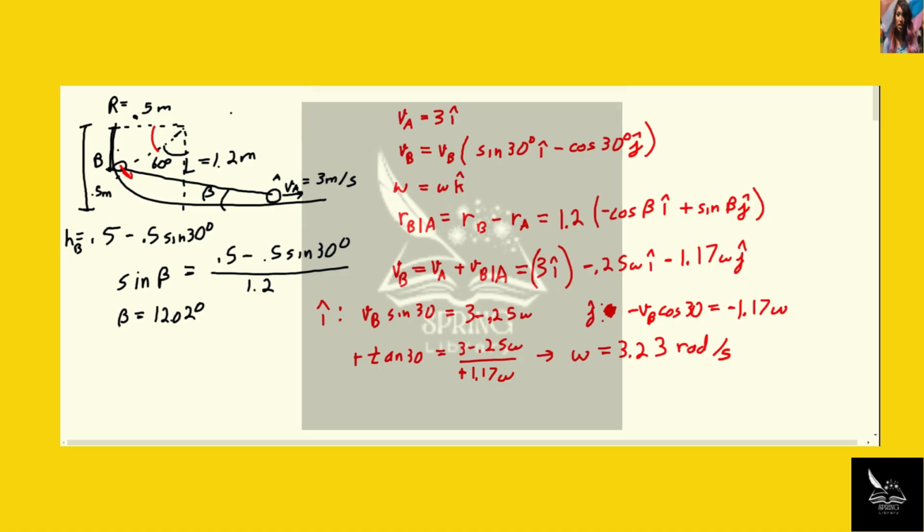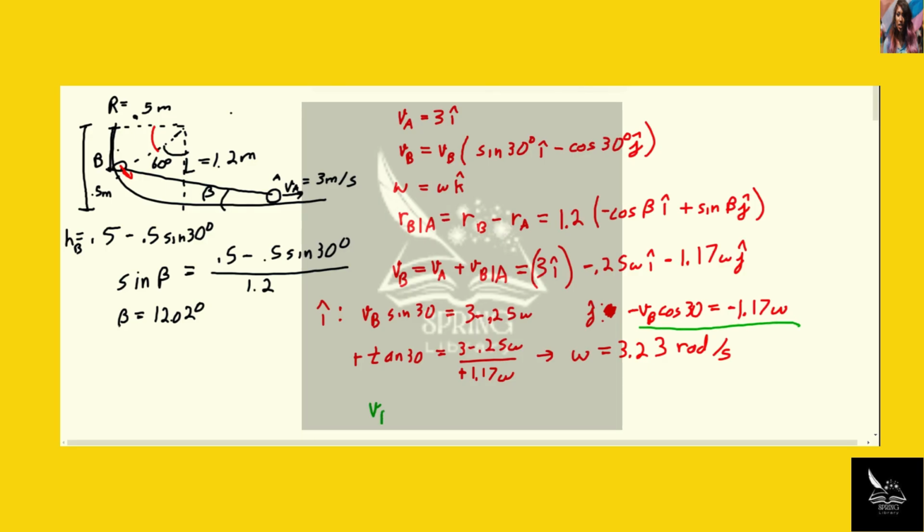Once we find omega, we can go ahead and put that back into our equation to find what VB is. And the easiest equation is going to be our j-hat equation, which I will underline here in green real quick.